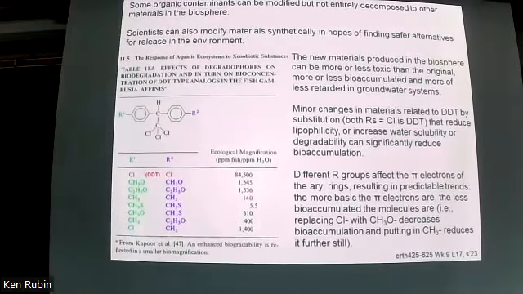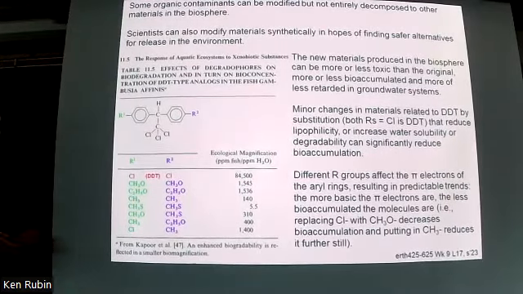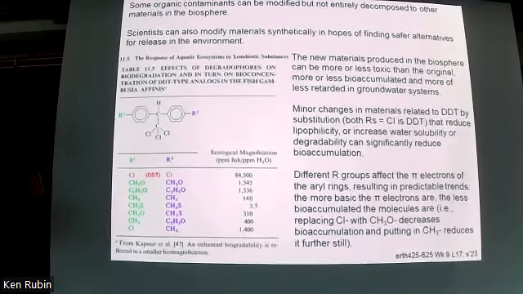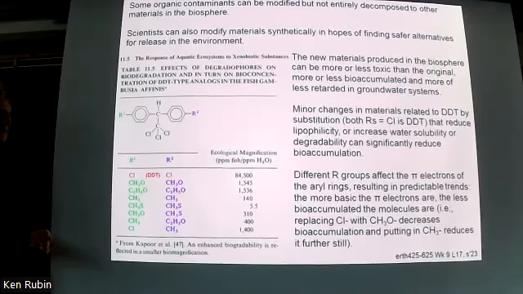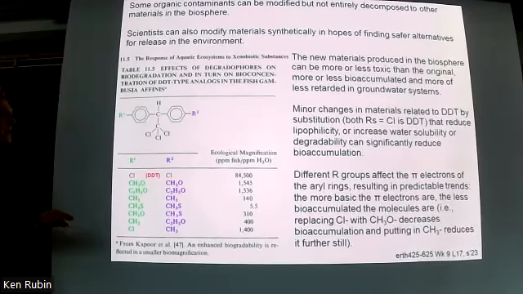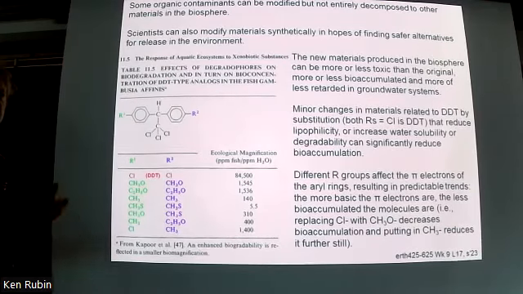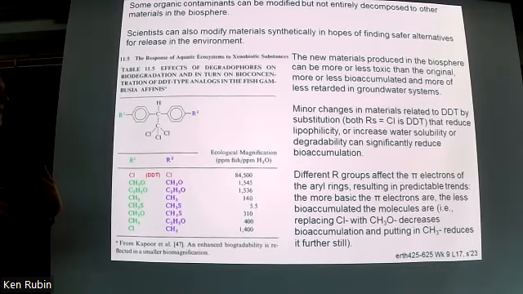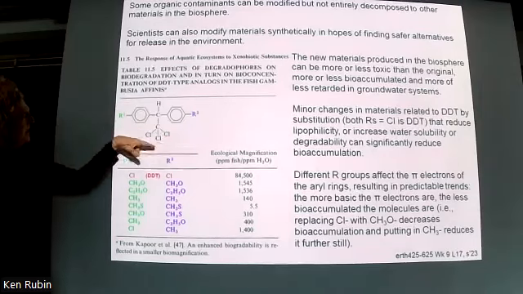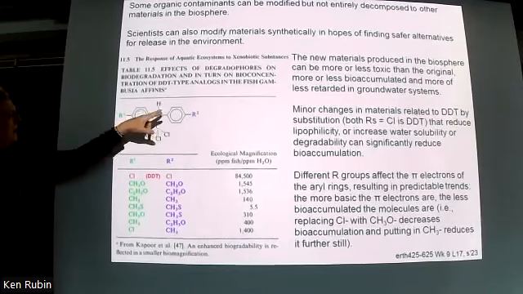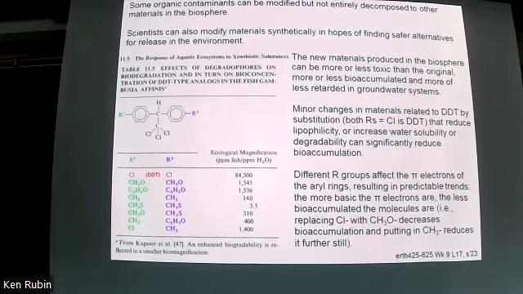So as you can imagine, a lot of chemicals will change their characteristics in the subsurface by being reacted upon. There are also things that scientists do to try and keep the useful aspects of chemicals, but reduce their toxicity by changing the chemical a little bit. So this is the example of DDT here, where R1 and R2 would be chlorine in DDT.